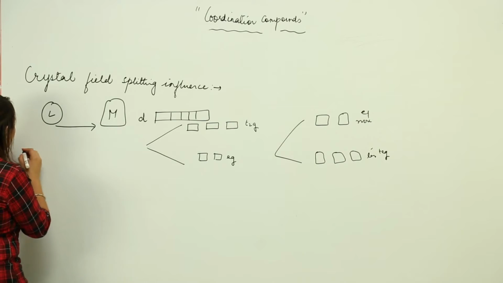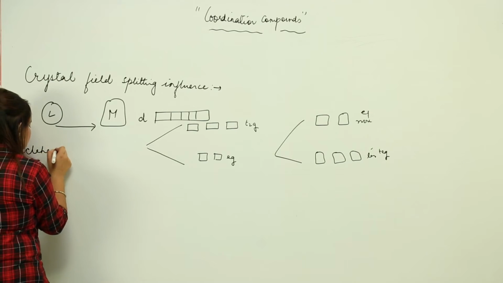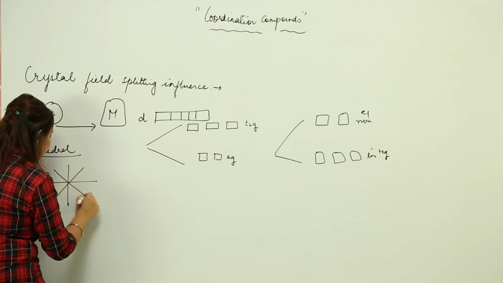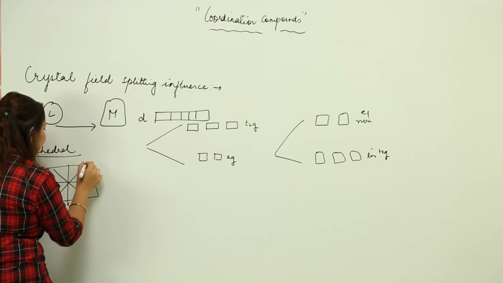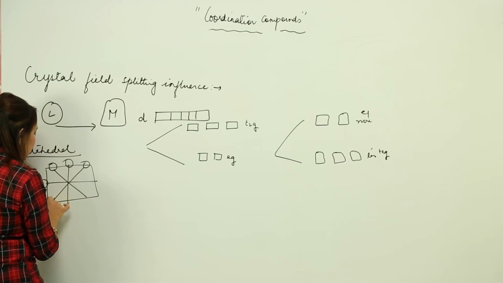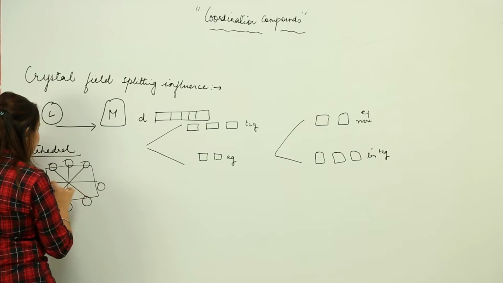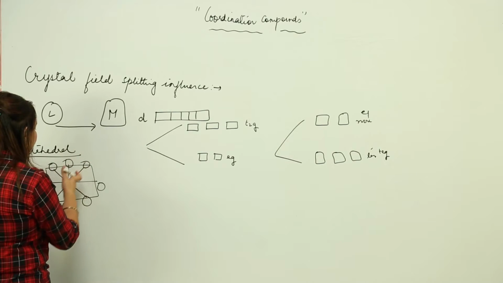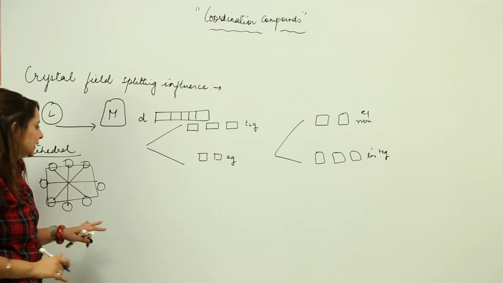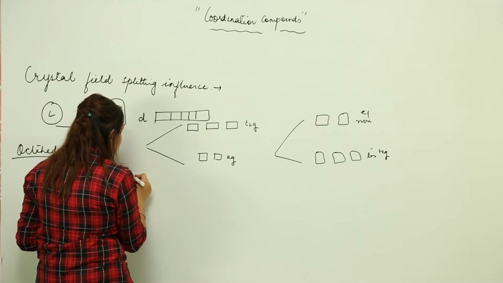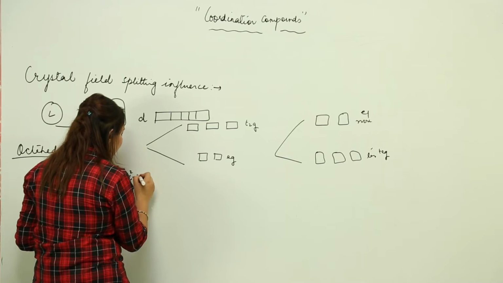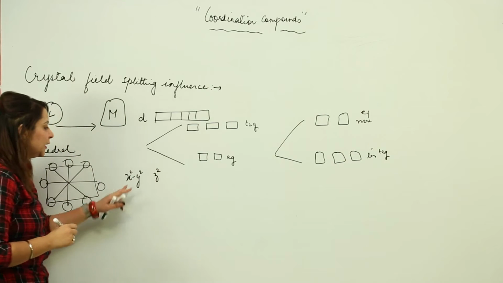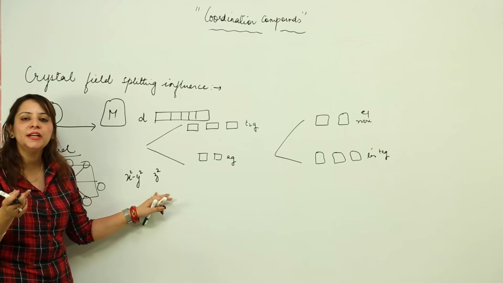Now if we talk about the octahedral complex, we know that in octahedral the shape is something like that. Here the ligand can enter from this place, this place, this place, so there can be 6 entries actually, from any axis. As we have seen, mostly it enters from the x square minus y square side and dz square side, through the axis.